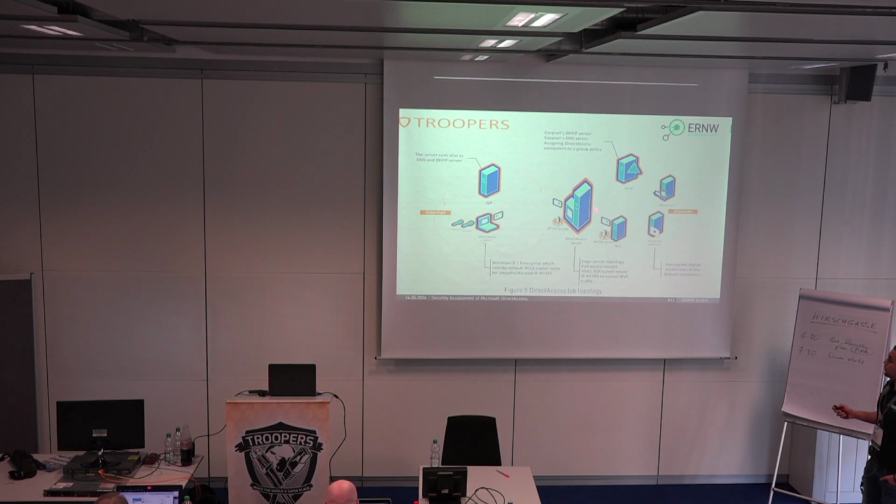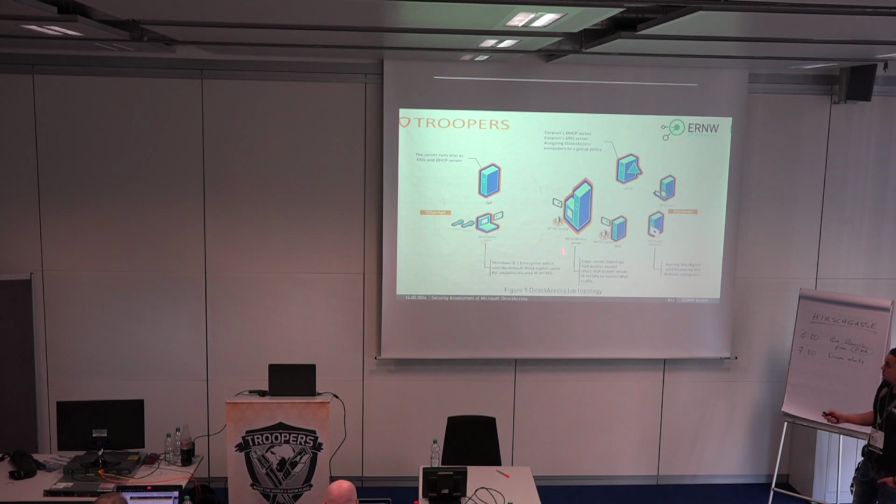And also the domain controller here runs as DHCP and DNS and so on. Here is the certificate authority that issues the clients the different certificates that they need to authenticate themselves to the DirectAccess server.